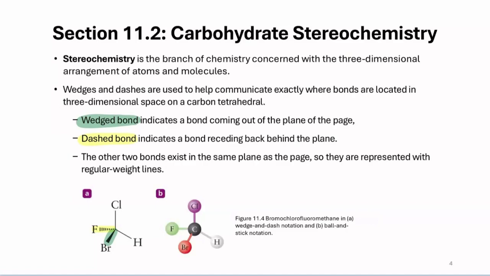And whenever we're trying to draw on paper the 3D arrangement for tetrahedral carbons, those wedges and dashes can be utilized in order to represent some of the groups that are present. We are going to see some of these illustrations a little bit later throughout the presentation, but just understand that because some of the carbon atoms present in carbohydrates are going to have four different groups, we can utilize this type of drawing to represent the arrangement of the atoms around those tetrahedral carbons.